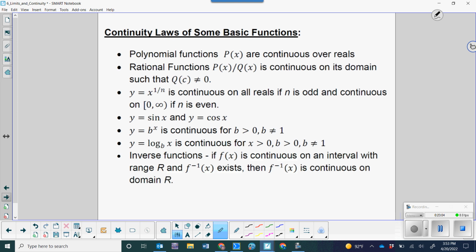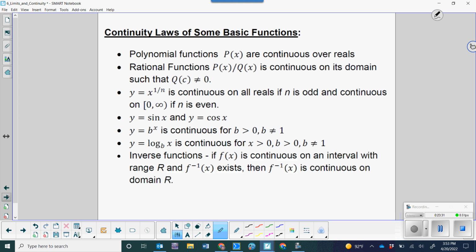x to the 1 over n, which would be your roots, is continuous everywhere as long as the root is odd. So you have something like x to the 1/3, which would be the third root of x. And then it's continuous from 0 to infinity if n is even. So square roots, fourth roots, those are all continuous from 0 to infinity, including 0.